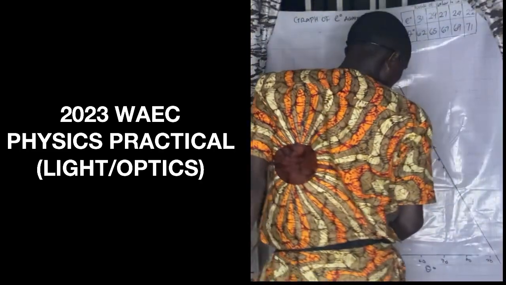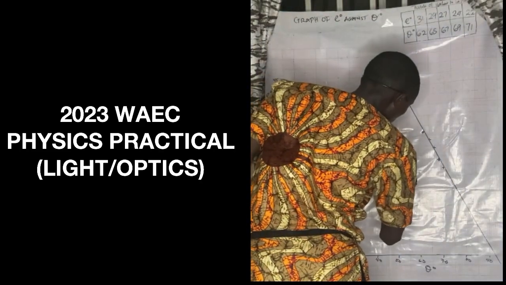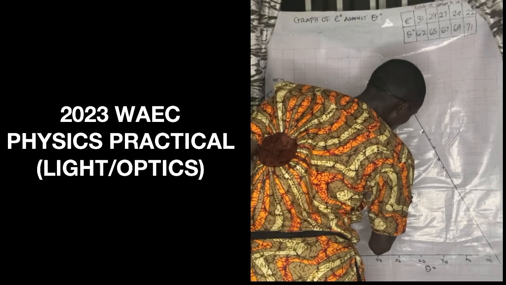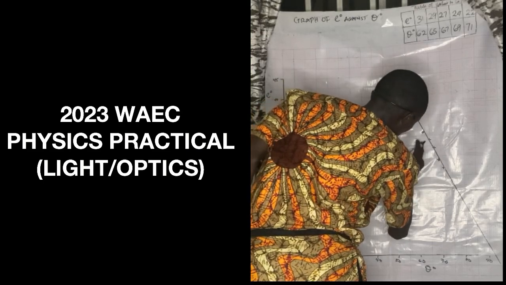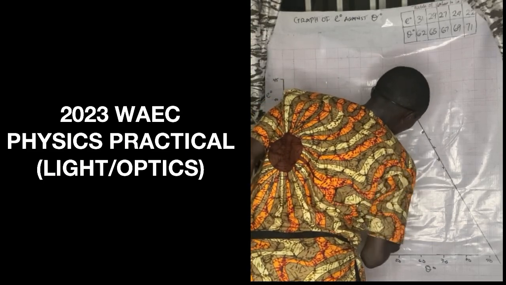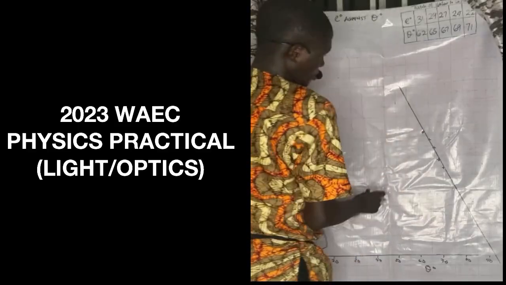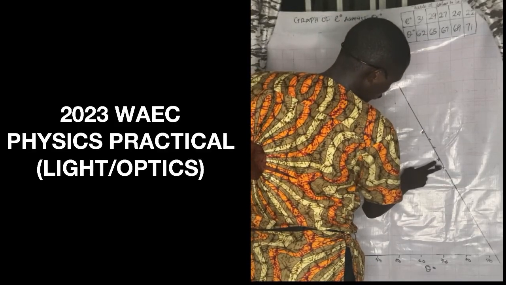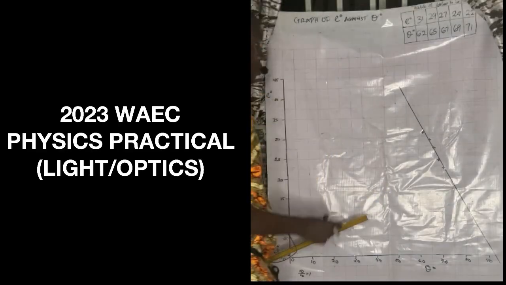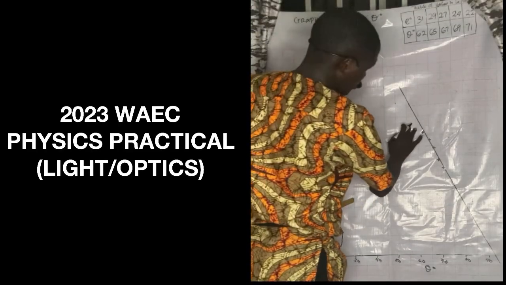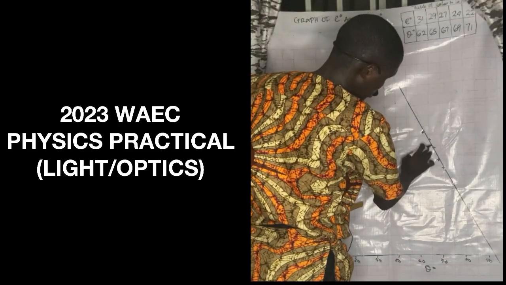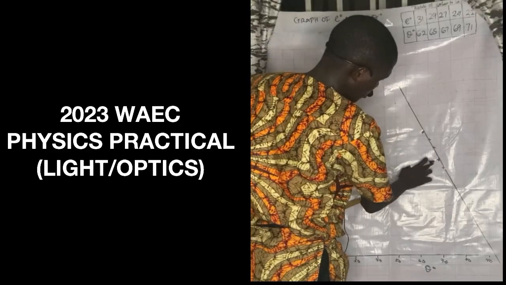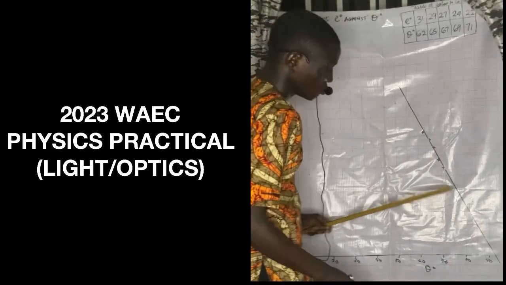So we have 1, at least 3, 1, 2, 3. So now it depends on you. You can decide to take this 3, you can decide to take this 3, but I just want it to be a little bit slopey.